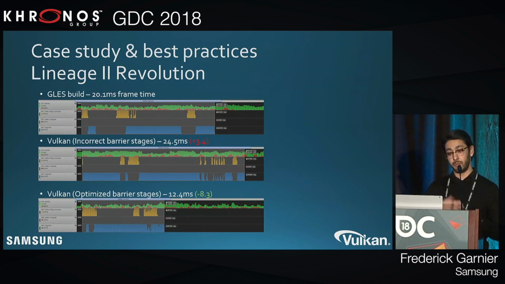Then with Vulkan, as we ported it but didn't actually do any optimizations, we got 24 milliseconds, which basically means that it increased by 3.4 milliseconds. After optimizing all the barrier stuff, reducing pipeline bubbles, and optimizing as much as we can, even outside of the scope of pipeline barriers, we got 12.4 milliseconds, which gave us a gain of 8 milliseconds.